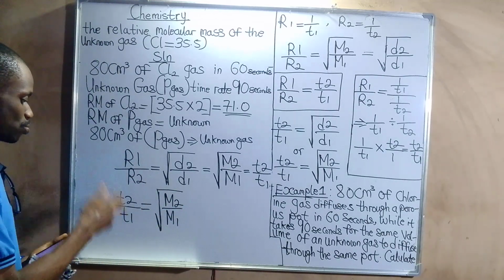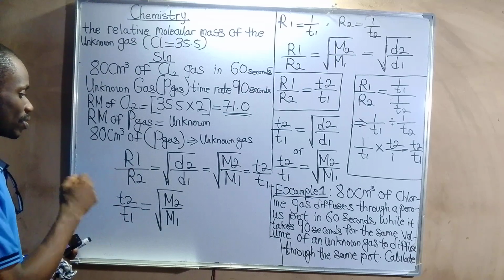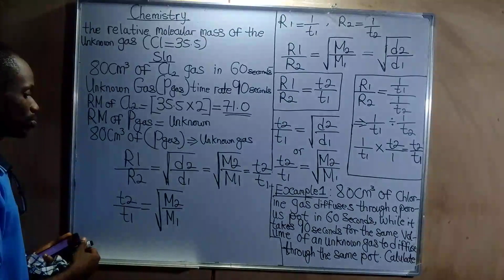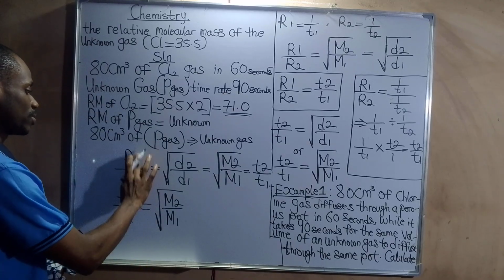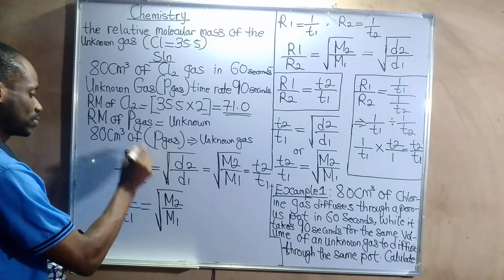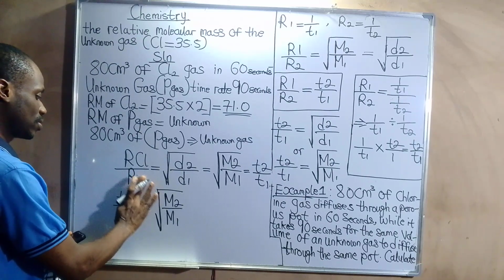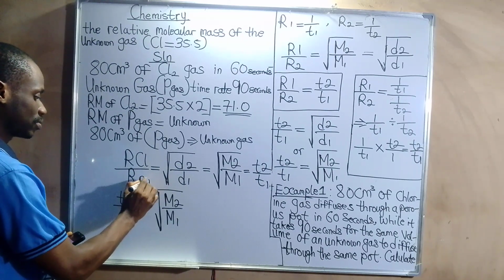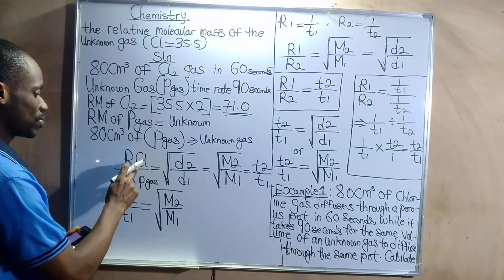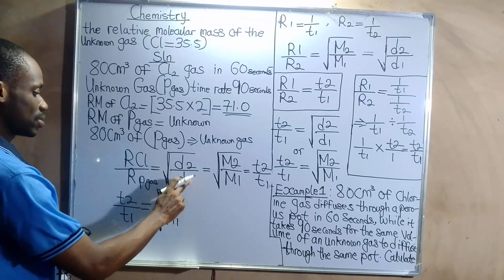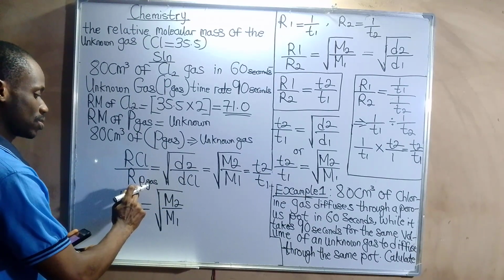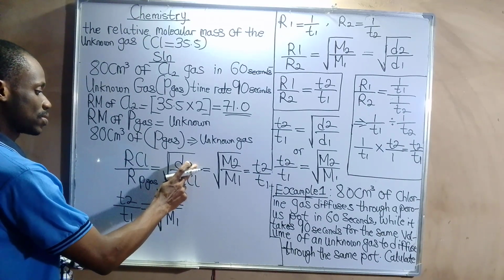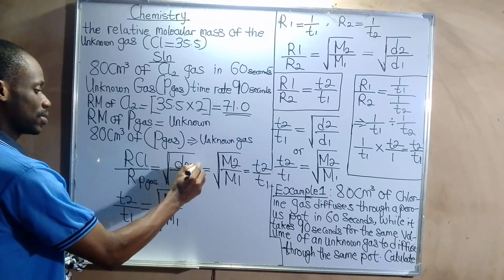Now let's say R1 we change to the rate of the first gas, which is chlorine. So R1 will now be RCl. R2 will now be the rate of P gas, the unknown. So D1 is the diffusion of chlorine, Cl, and D2 is the diffusion of P gas. Are you getting that now?